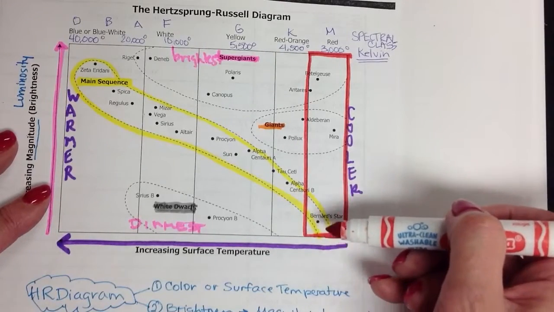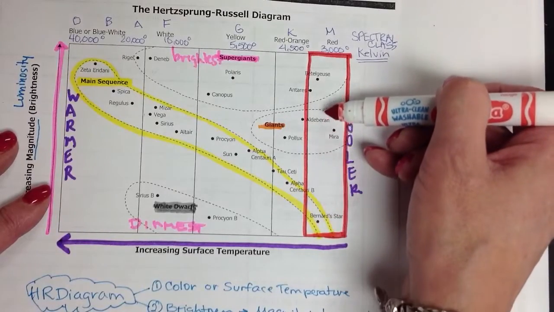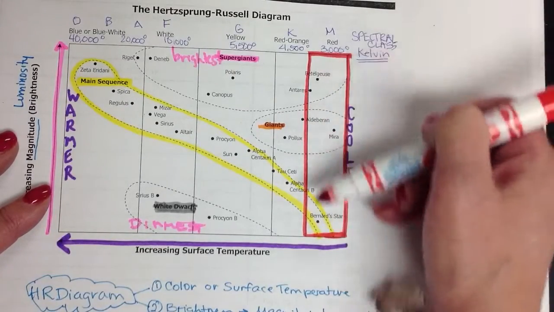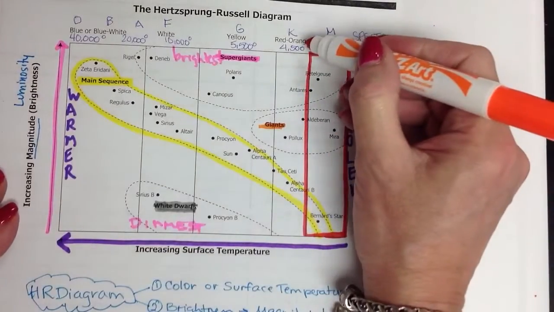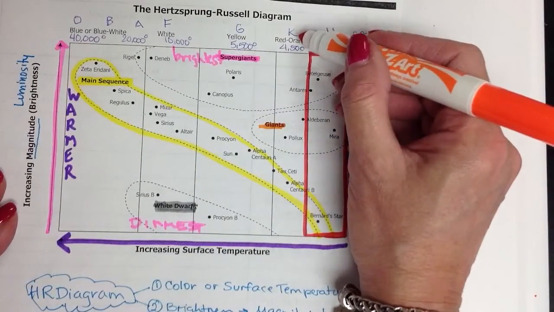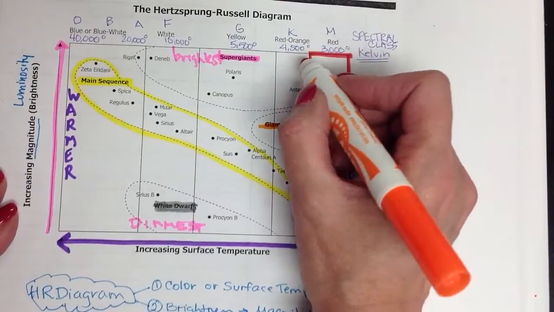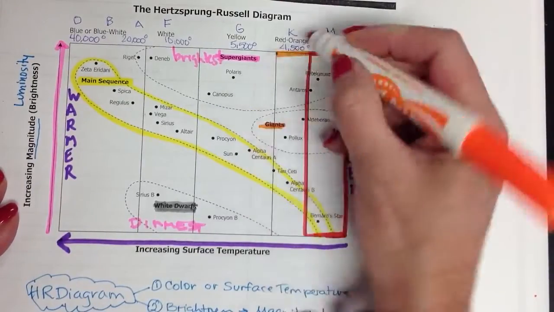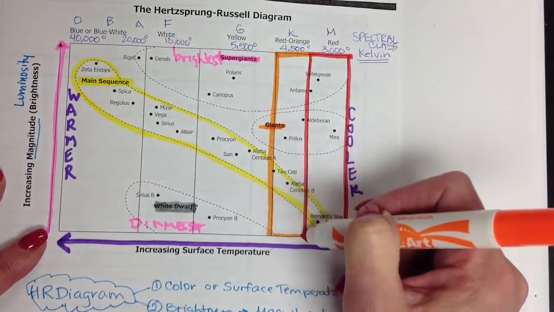Remember, we still have to follow the dimmest are on the bottom side of the diagram, and they get increasingly brighter. That does not change their temperature. Alright, so our next one is red-orange, spectral class K. They range from around 4,500 degrees Kelvin. That includes all of these in this area.